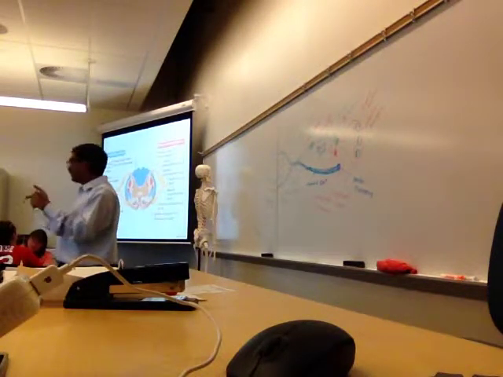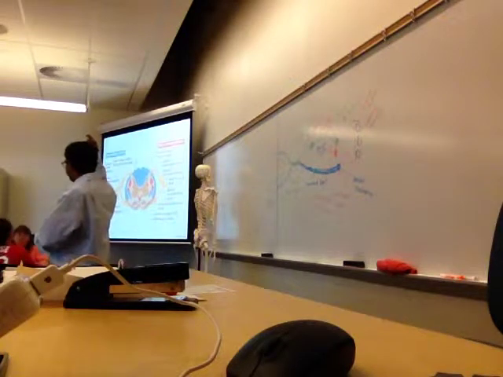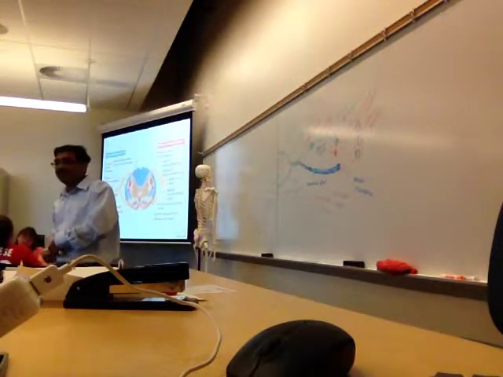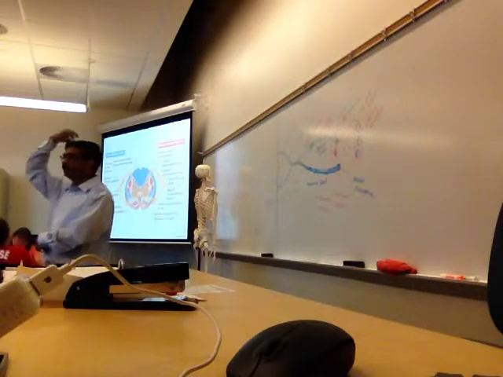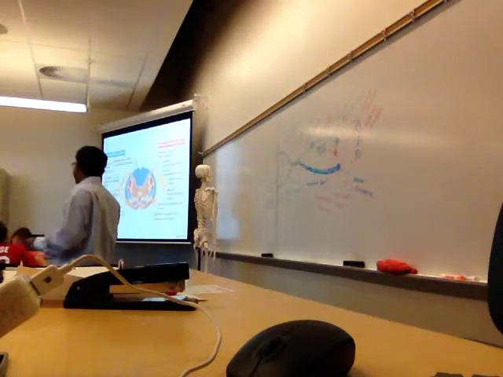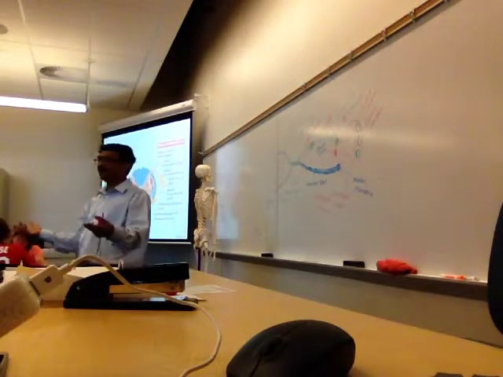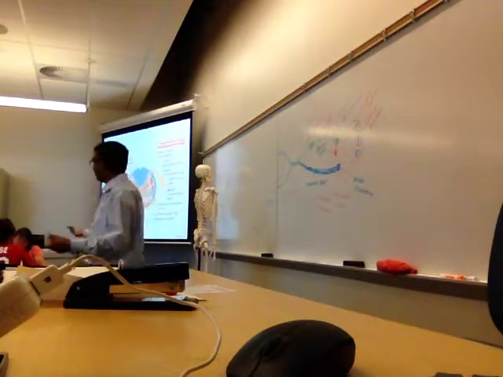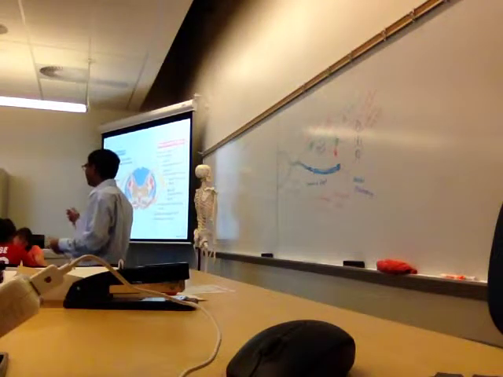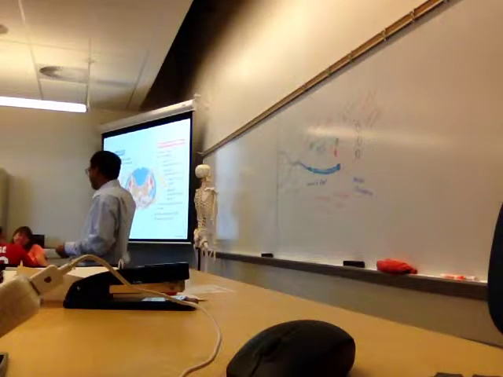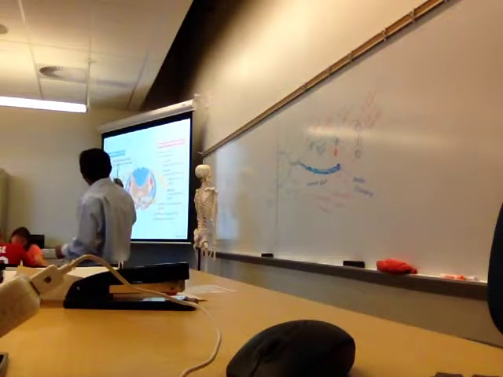Is it ascending or descending? Ascending, because the thalamus is in your brain, right? It's starting in the spinal cord and going to the thalamus, so it must be sensory. So in the test, if I ask you whether spinothalamic is sensory or motor, from its name you can tell that it is sensory because it is ending in the thalamus of the brain. Make sense?